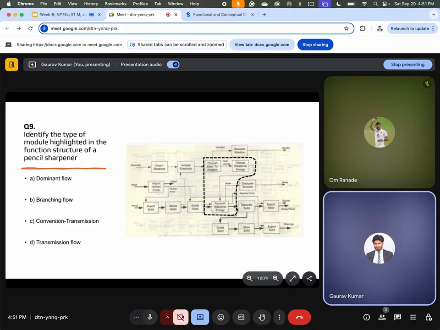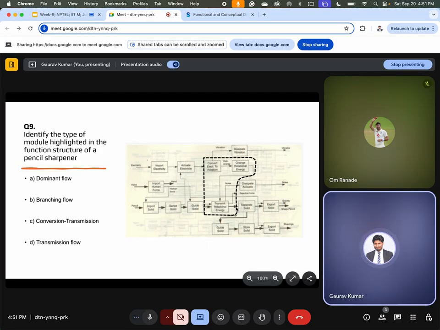Convergent transmission heuristics are widely observed in tools and small appliances. They ensure that user inputs are transformed into desired outcomes while maintaining a logical flow of energy and material within the system.